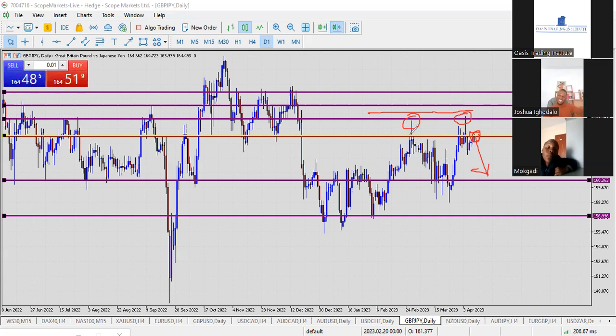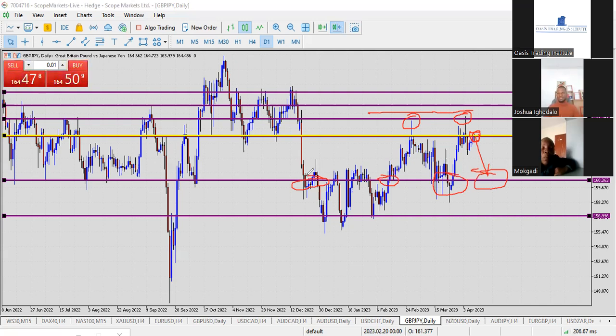You see that? In the same way, the next low helps me to identify where I should put my take profit. So this is one of the beauties of support and resistance. They help you identify where to take entry or execute a trade, where to set up your stop losses, and where to set up your take profits.